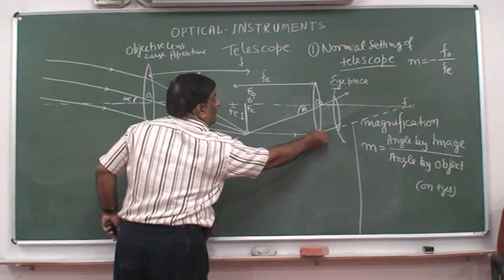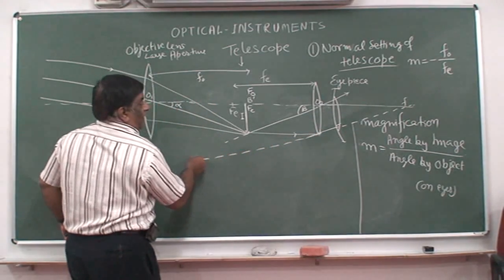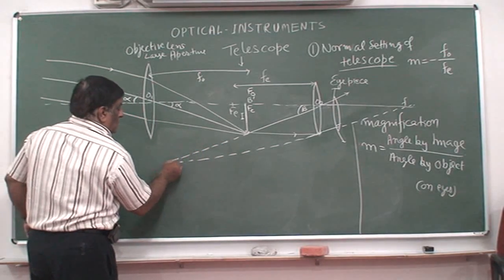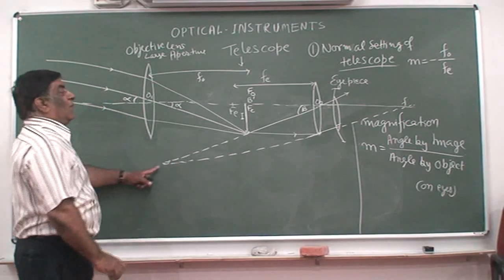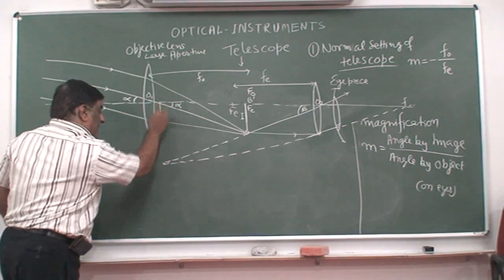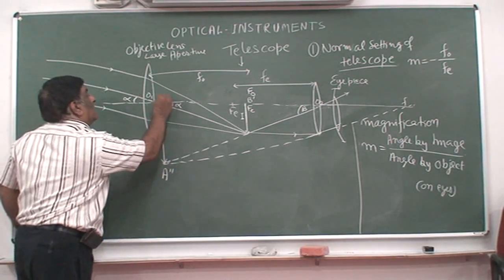And where will the image be formed? Image is formed here, and this large one is the image, A double dash, B double dash.